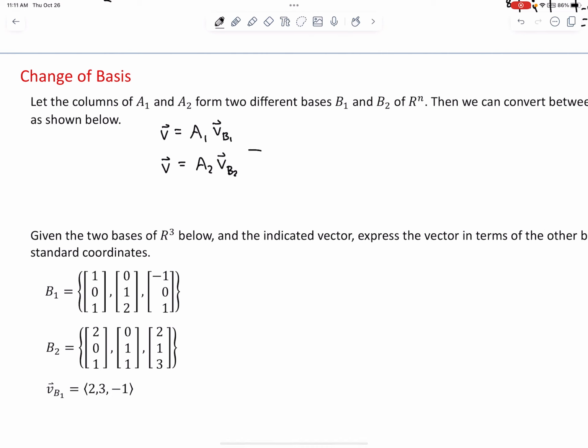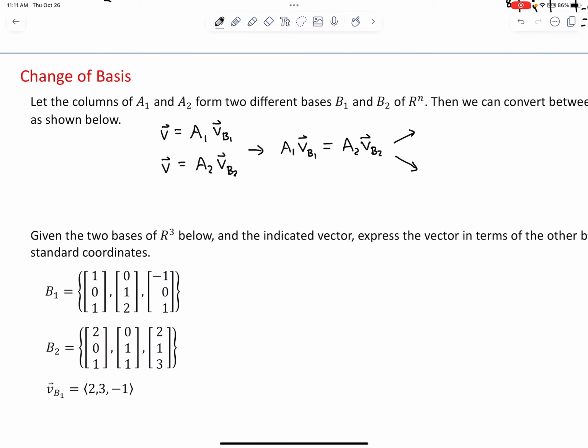Well, this tells us that these two expressions should be equal to each other. So we have A1 times the B1 coordinate vector must be equal to A2 times the B2 coordinates of the vector. And depending on which basis coordinates I'm looking for, I will manipulate this equation in different ways.